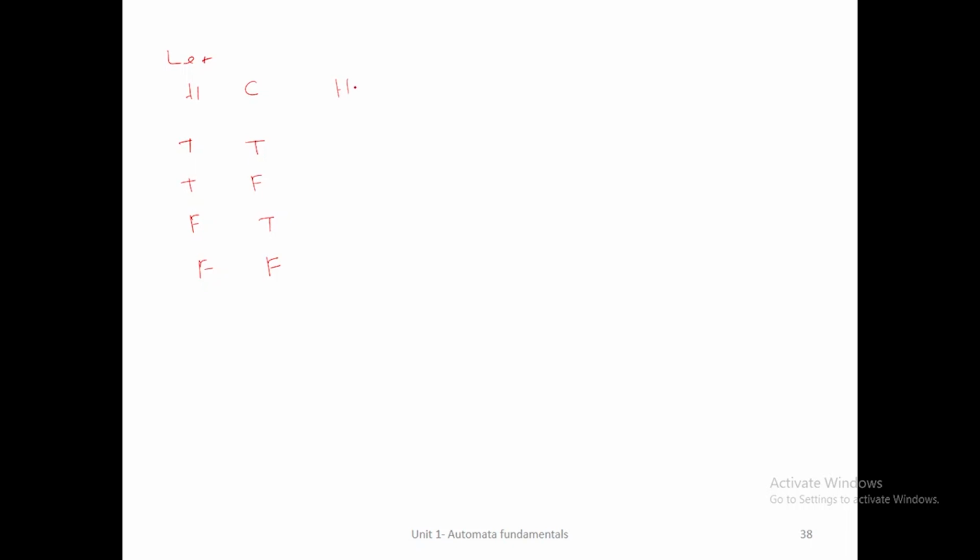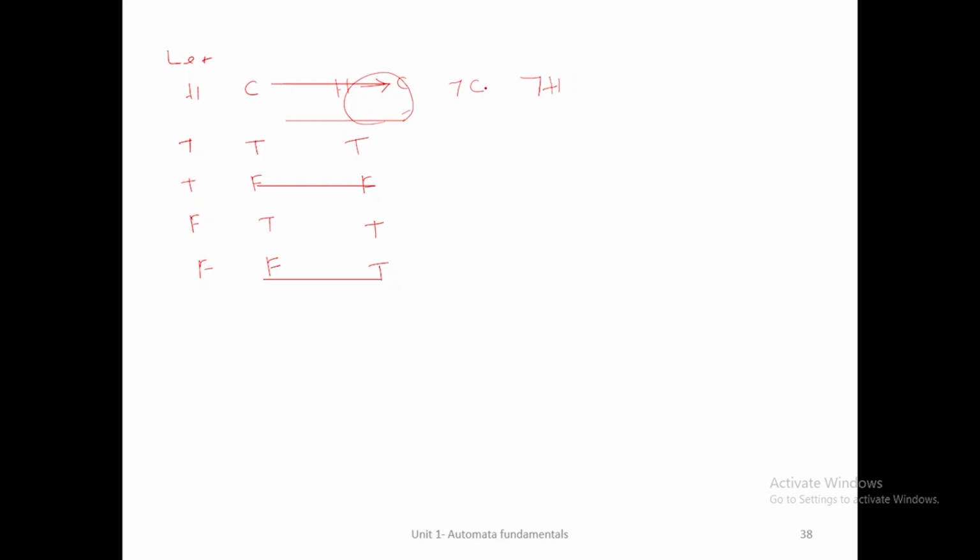So if H then C, the equivalent notation is H implies C. In discrete mathematics, we are aware that true implies true is true, true false means false, false true is true, false false is true. This is the truth table for H implies C. Then what is the contrapositive statement? We should take negation C and negation H values.